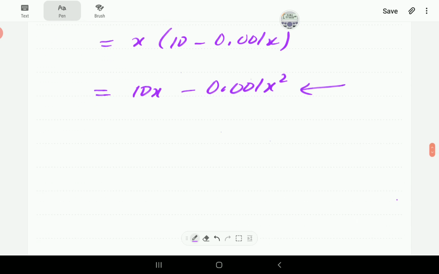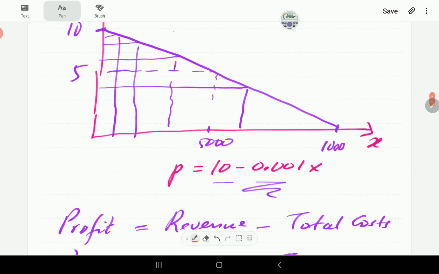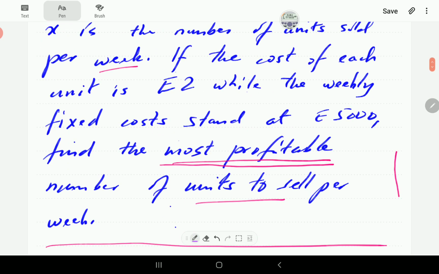Then this shop is going to incur costs. So total costs are going to be divided into two. There is what we call variable costs, and then there is fixed costs. The variable costs are the costs related with the number of units we buy.